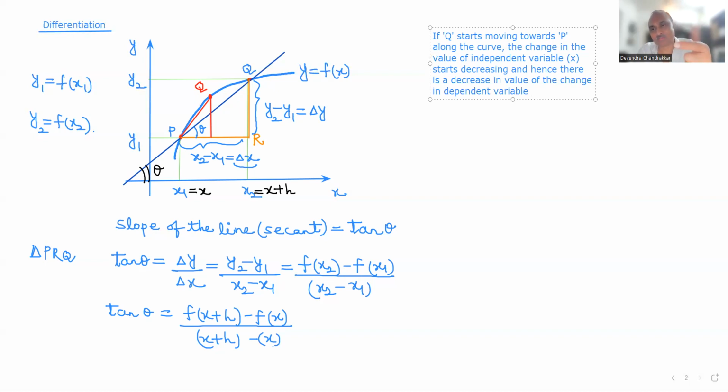So when there is a change in the value of x, there is a change in the value of y. So when there is a decrease in the value of x, there is a decrease in the value of y. Yes or no, all of you? Yes, sir. So there is a decrease in the change in the dependent variable, which is y in this case, right?